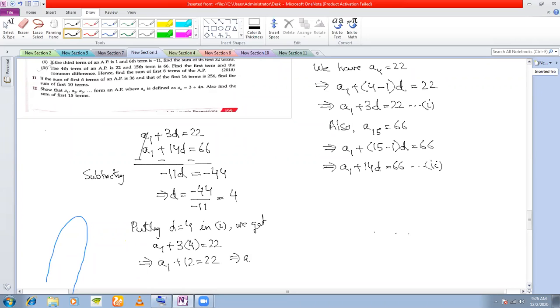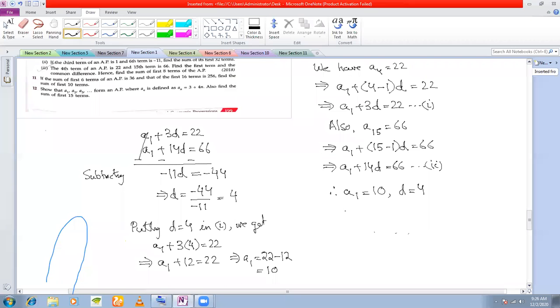That means A1 you are getting as 22 minus 12, which is 10. So getting A1 as 10 and you're getting D as 4. Therefore A1 is equal to 10 and D is equal to 4 after solving the simultaneous equation.